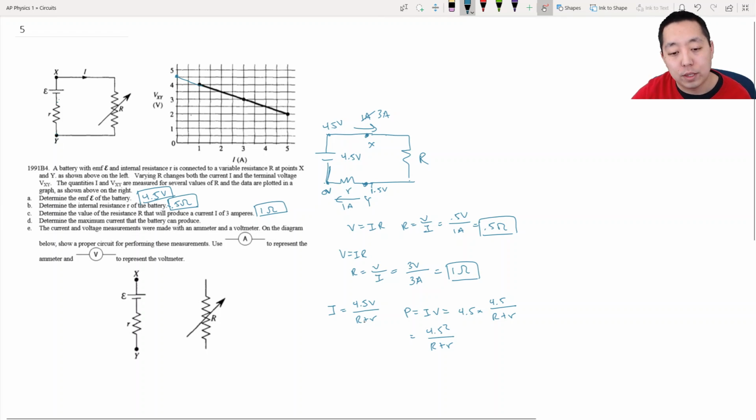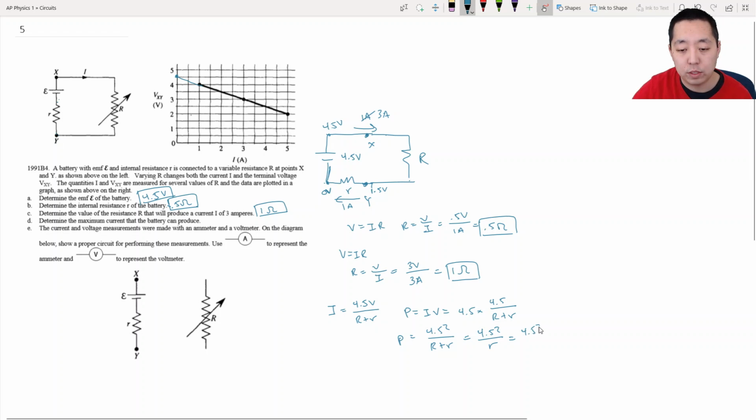How do I do this without using calculus? The question is what happens as I increase R? Determine the value that will produce the maximum. Oh, okay. This will be maximum power when R is 0, right? Because the smaller R is, the bigger the power is. So I'm just going to do 4.5 squared over little r, because that's when R equals 0.